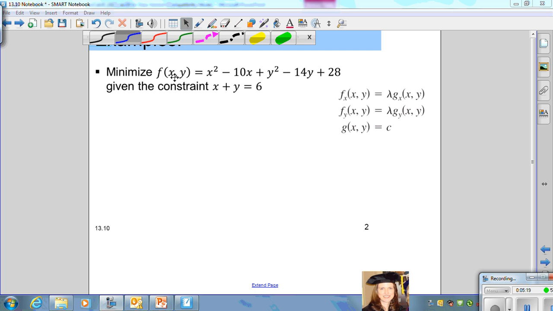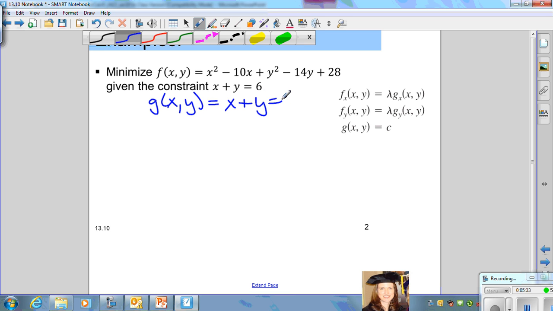You have your objective function you're trying to optimize, that's your f of x, y. And then your constraint equation is x plus y equals 6. We're going to let g of x, y be our constraint x plus y equals 6. Now we can set those partial derivatives to be equal. The partial derivative with respect to x is 2x minus 10.